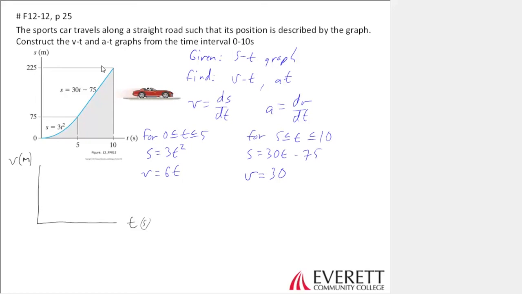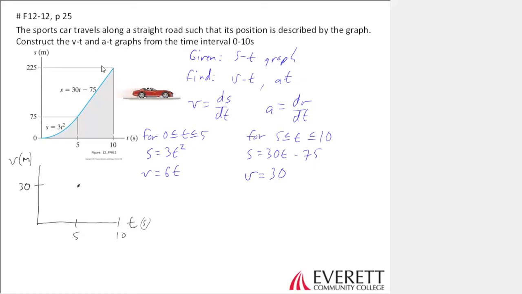So what I like to do is just mark off this 5 and the 10, because we know those are important points. From 0 to 5, we know that v is going to be equal to 6t, so I can plug 5 in for t to see where it would be at. And it would be at 30. So I'm going to mark this right at 30.